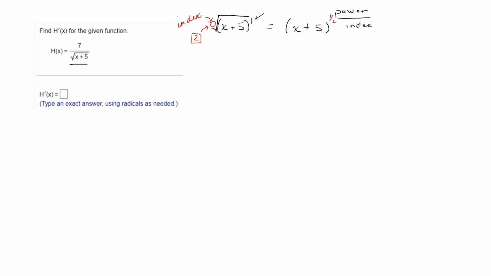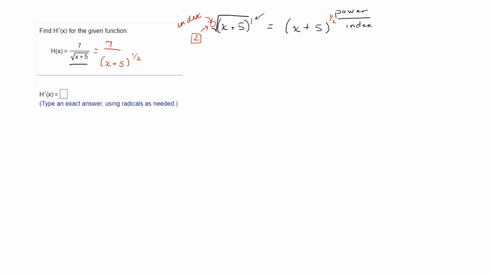So I can rewrite this as 7 over x plus 5 to the 1/2. But like we saw earlier when you asked about the previous problem, we do not want to have the denominator.